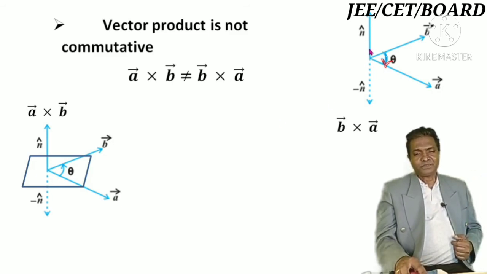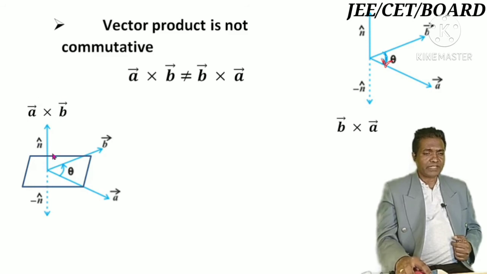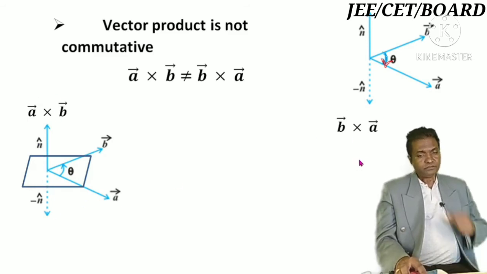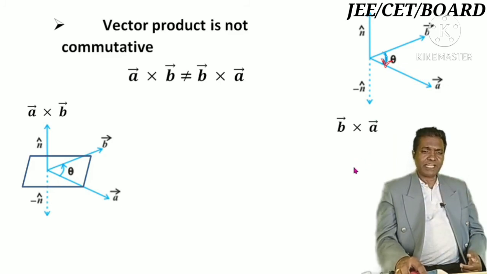Look here, this is your n cap and this is your minus n cap. This is your A cross B vector and this is your B cross A vector. Look here, this is your A cross B vector and downwards is the B cross A vector. So they have exactly opposite direction, so they are not equal.